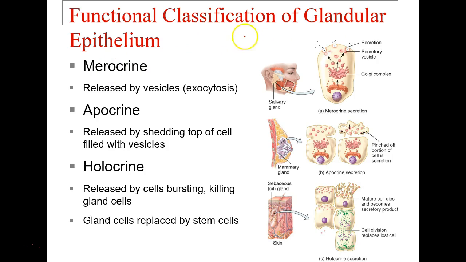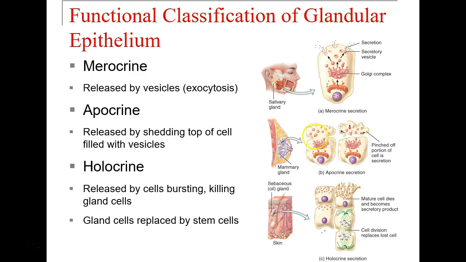So we have classification of glandular epithelium. This is not going to be a big part of the testing, but the merocrine, apocrine, and holocrine are different ways that we secrete these glandular secretions. Merocrine, we create little vesicles within the cells, and those release the substance.